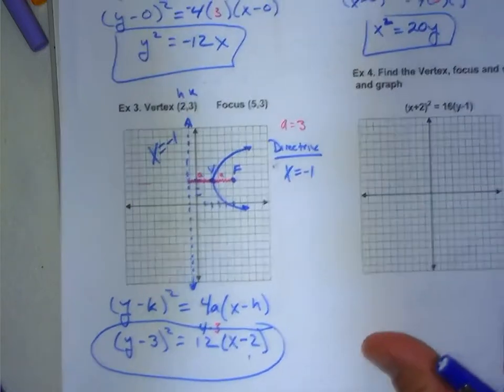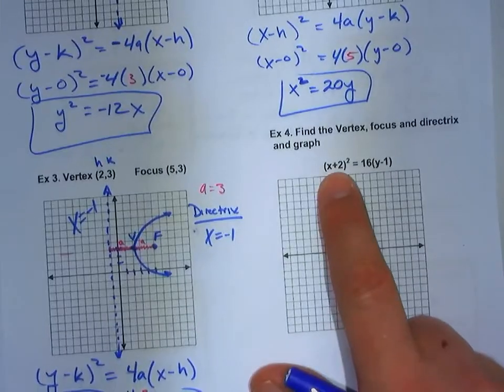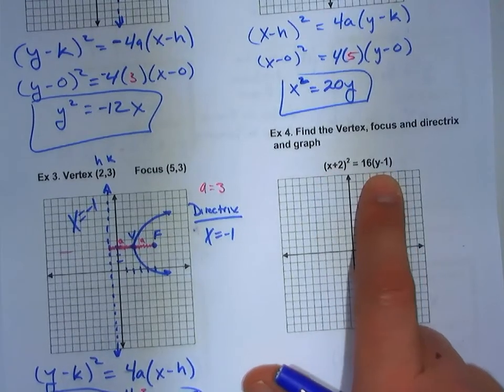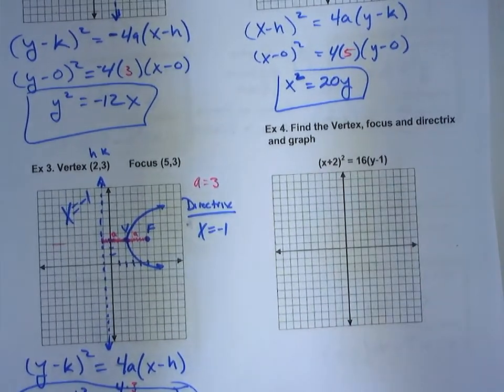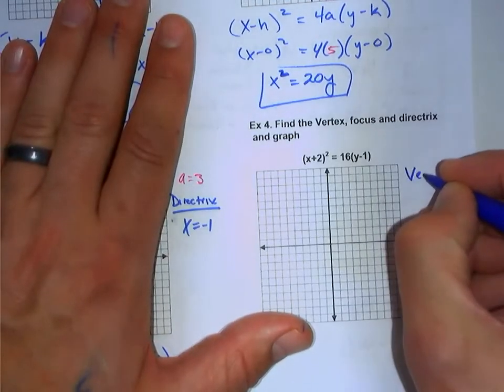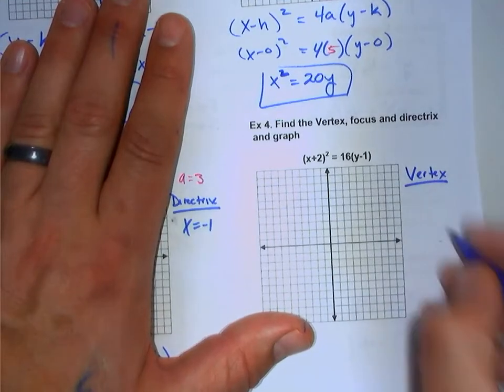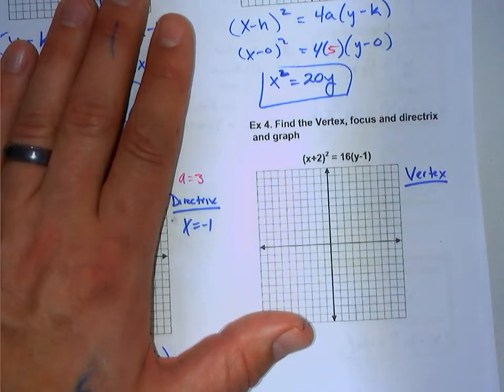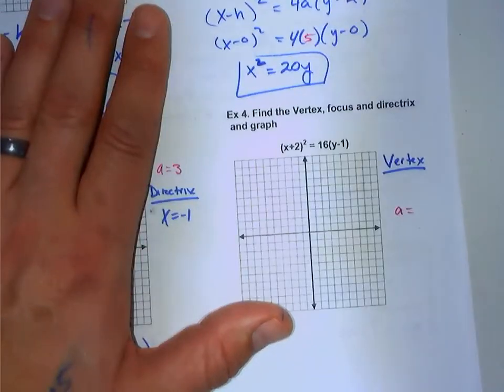So take a second with your buddy and figure out what your h and k value is and what your a value is. And then you should know if this opens up, down, left, or right. Okay? So take a second. Do not draw yet, because I had some people drawing it the wrong way. They had it mixed up. Let's find out our vertex. Pick out your vertex. Find your a value.